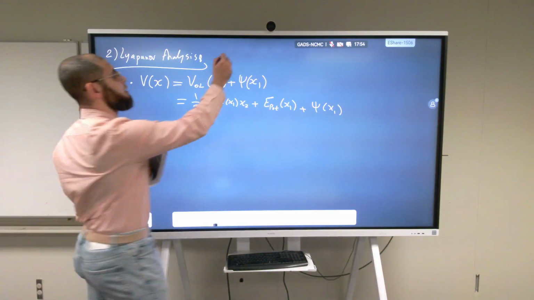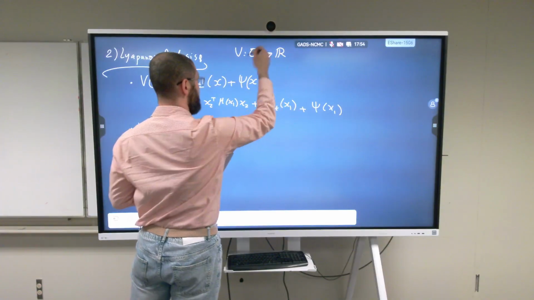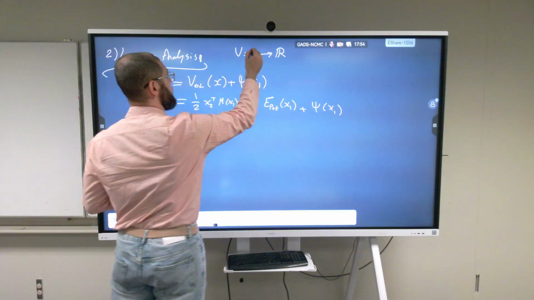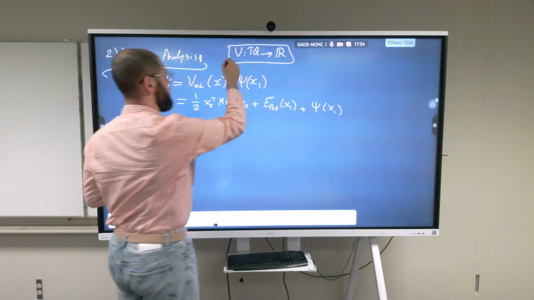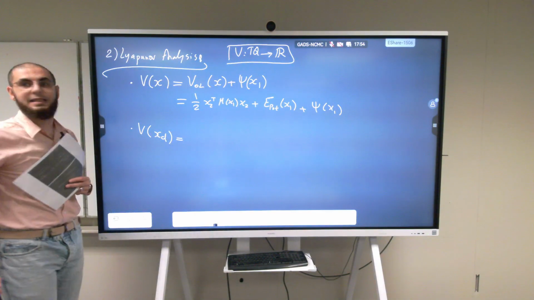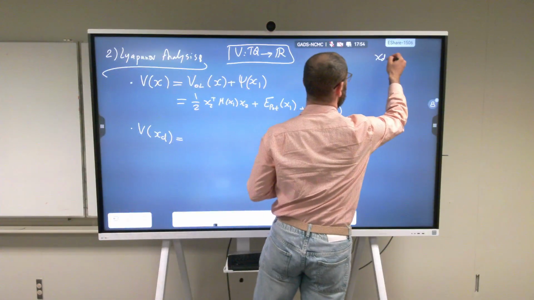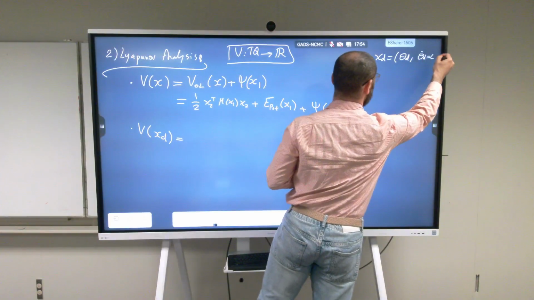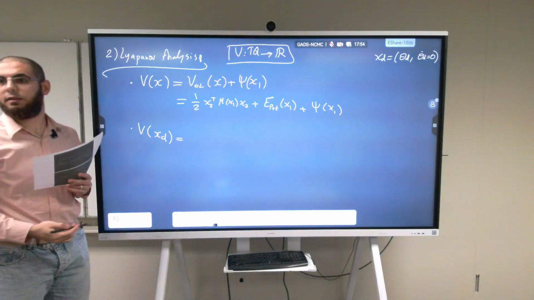V is always a function that takes q and gives you R. In this sense, it's TQ to R, so it's the state space. After it eats x desired, we said that our goal is to have theta desired and theta dot equal to 0. We want it to be equal to 0, exactly.